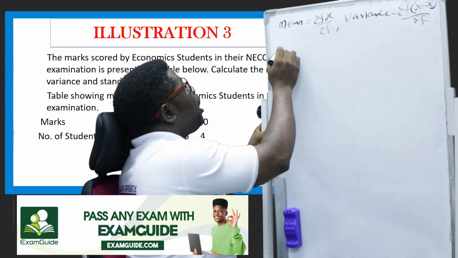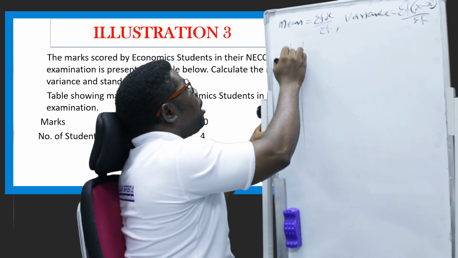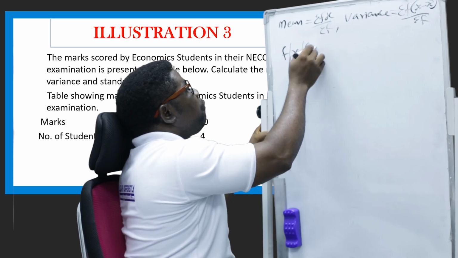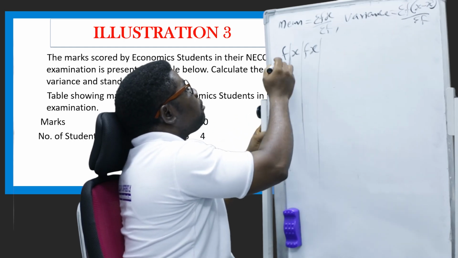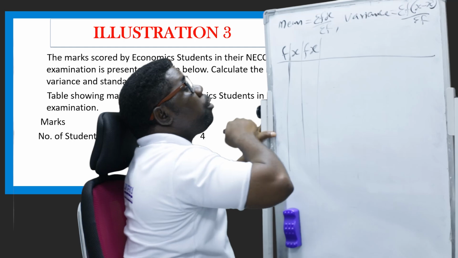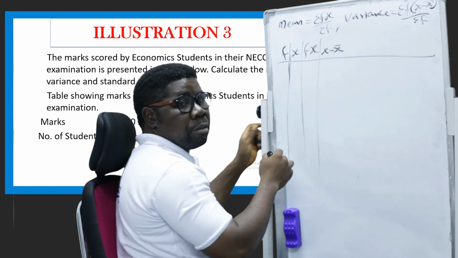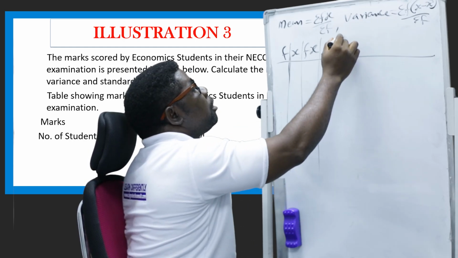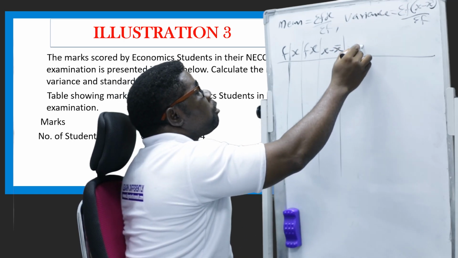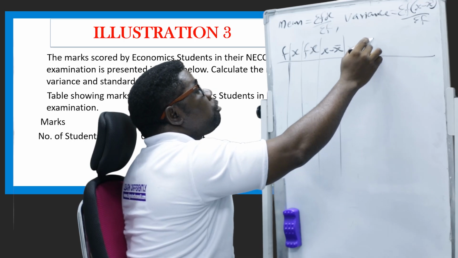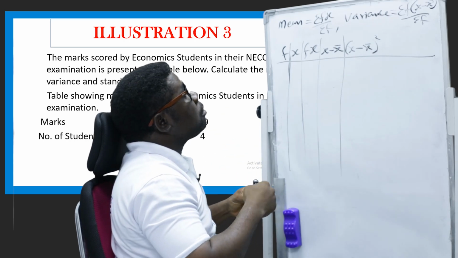So we do our table, we have our f, we have our x, we have our fx, because we're going to use the content of this formula to draw up our table. So what we're going to have next is x minus x bar, and then x minus x bar absolute values, all squared, okay?